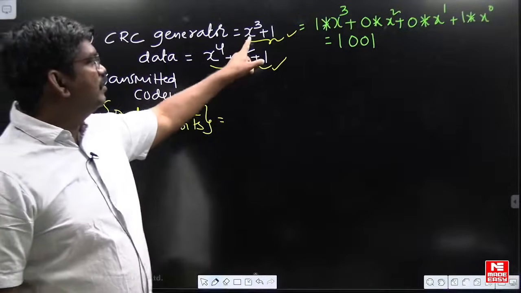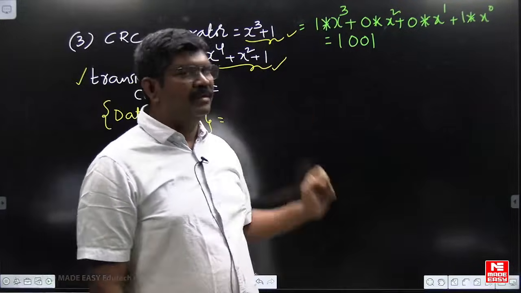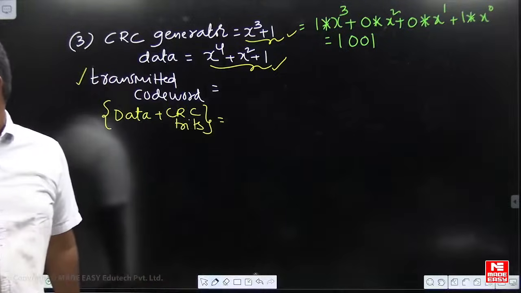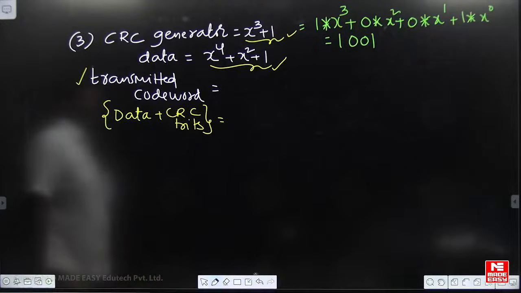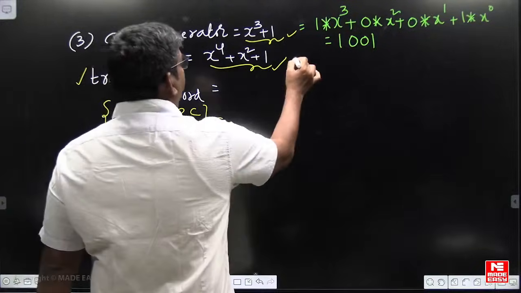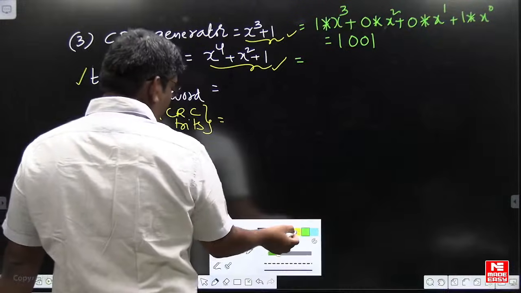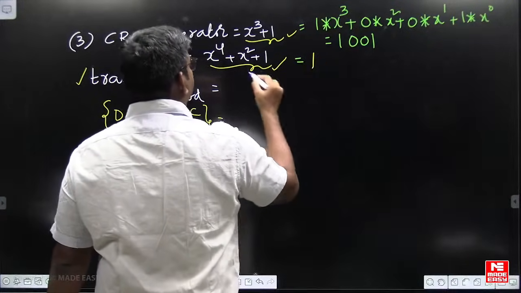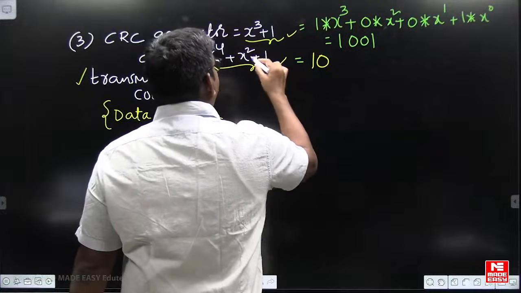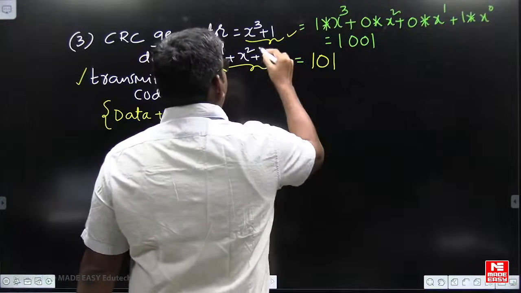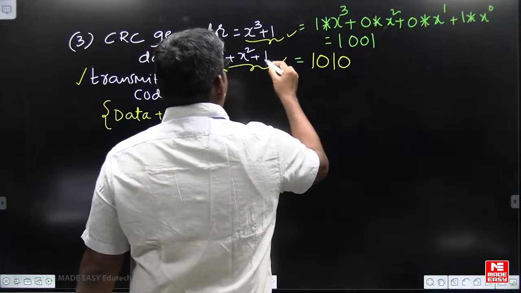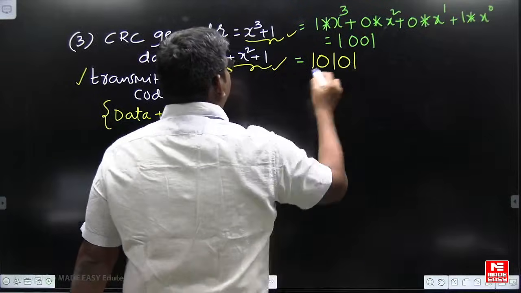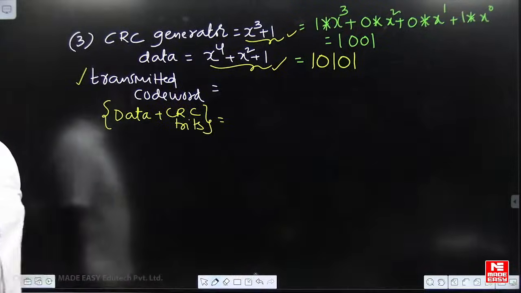It is represented in the polynomial, and it is represented in the binary. Fine. Now this is the data. If you want, you can do it fast also. See, at x power 4 the value is 1, at x power 3 it was not there so 0, at x power 2 it was there so 1, at x power 1 it was not there so 0. Again 1 is at x power 0, so it is 1. So this is the data.